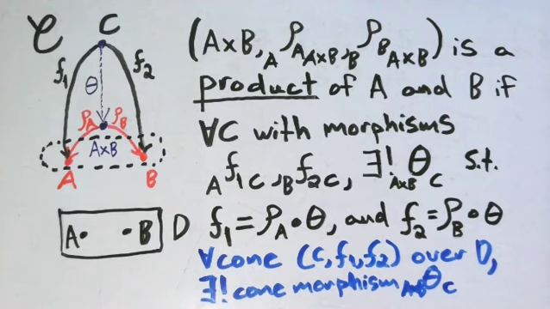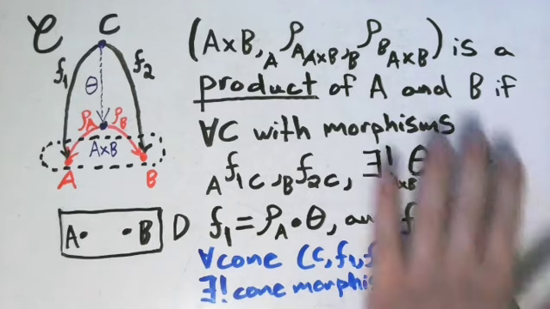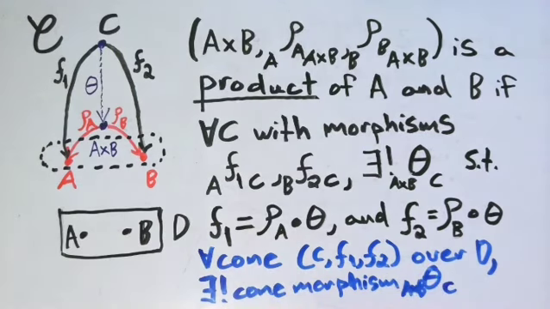So we can see here that this definition is actually just a more verbose and naive way of stating that this triple here is a terminal object in the cone category over our diagram D, which means that it is a limit.